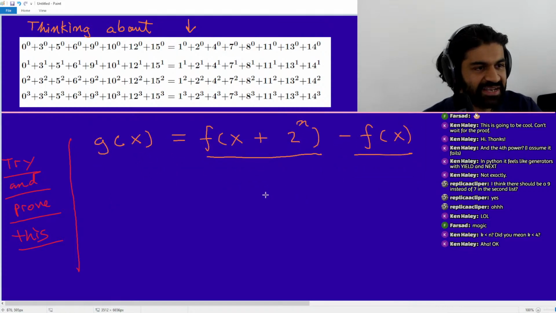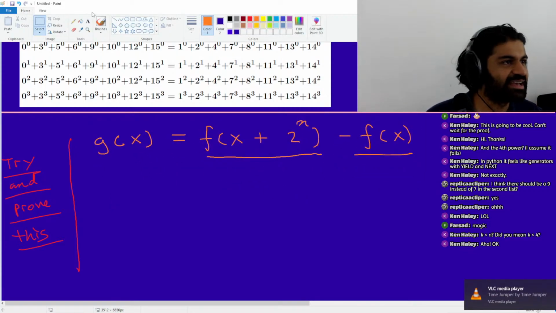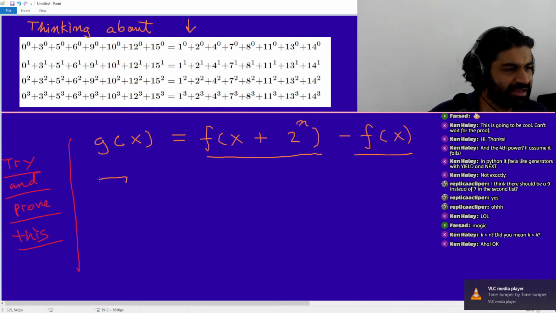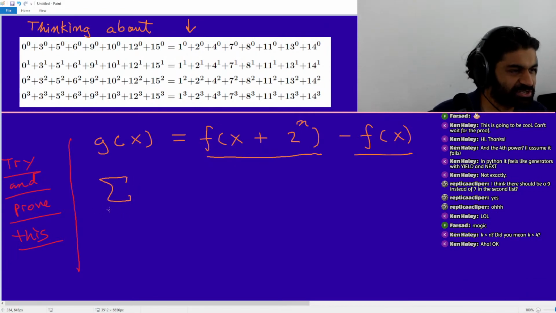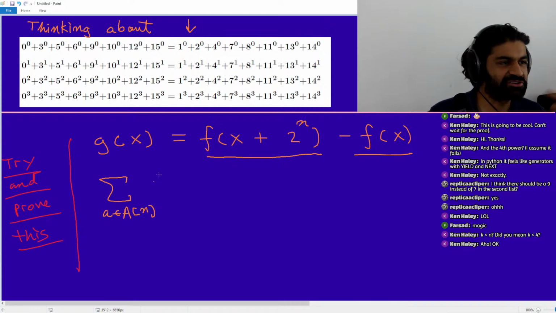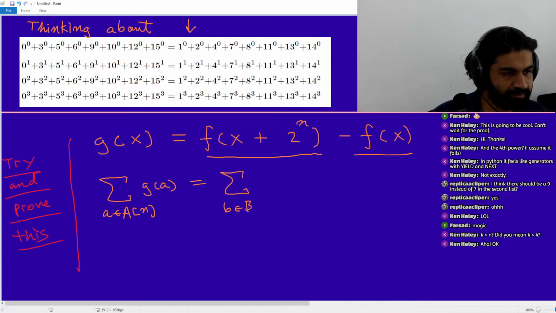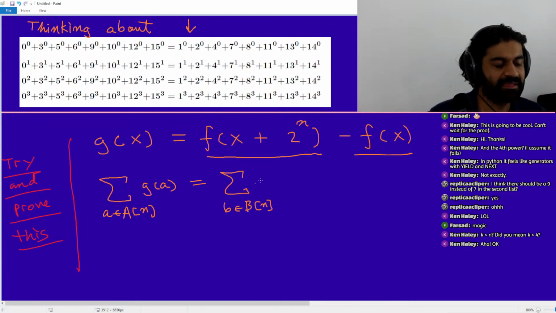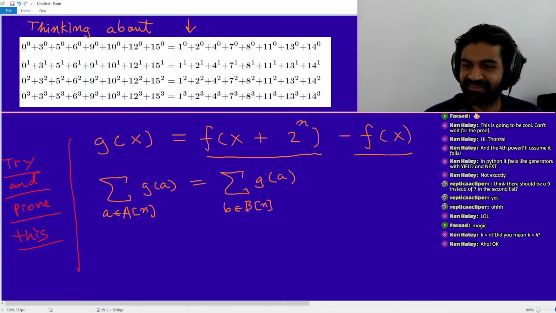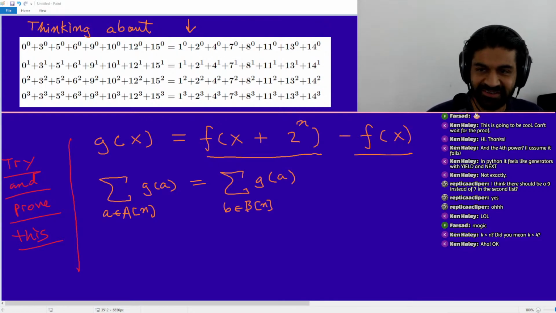Because its degree is less, if I take everything in an and plug it into g, that's going to be the same as if I take everything in bn and plug it into g. Hopefully that makes sense. This is by recursion, or by induction, if you will.